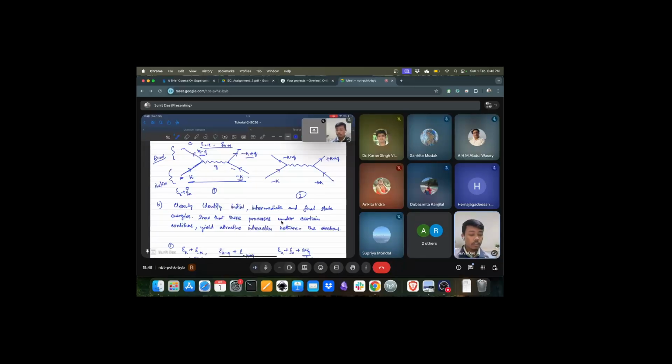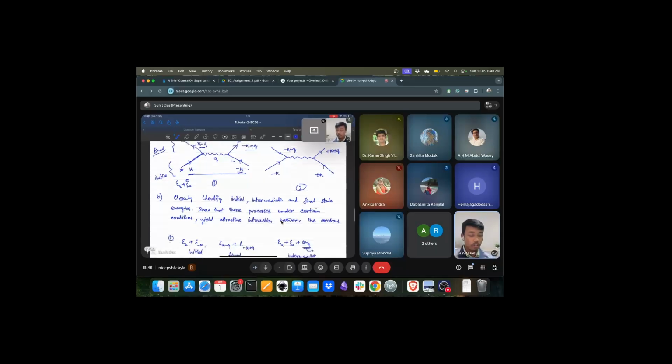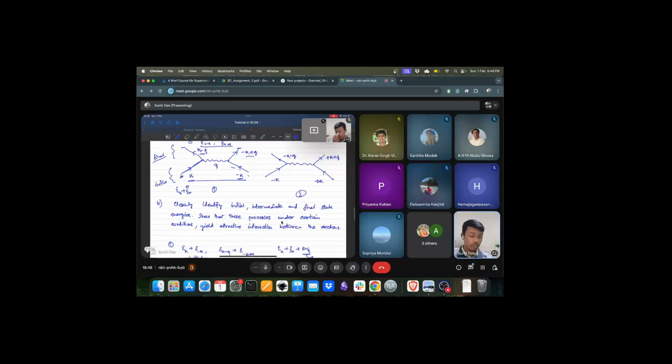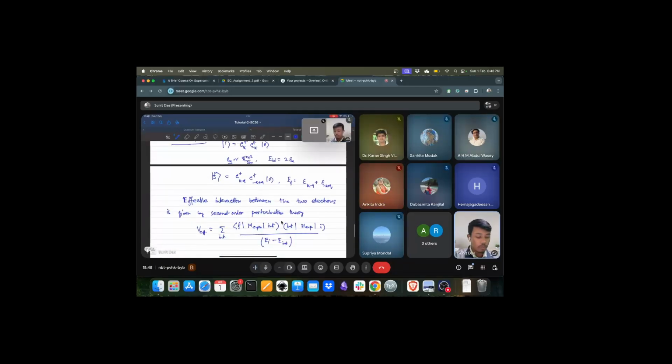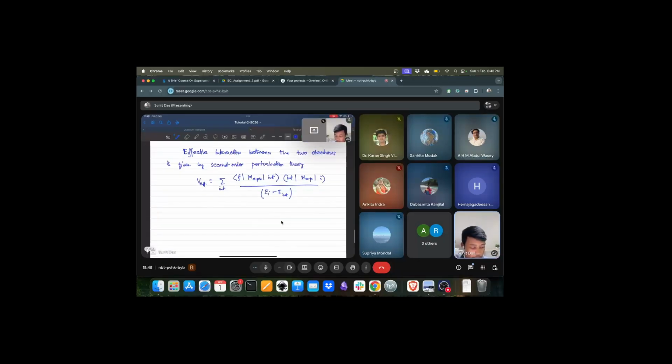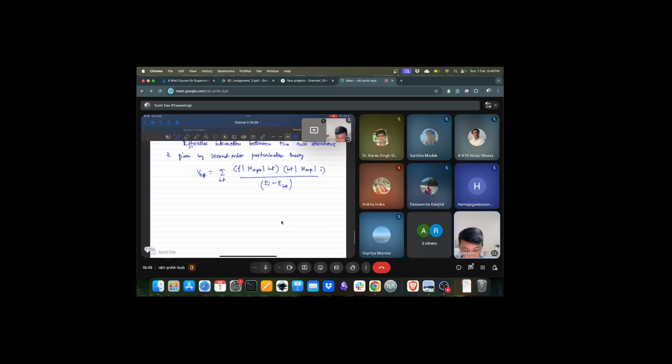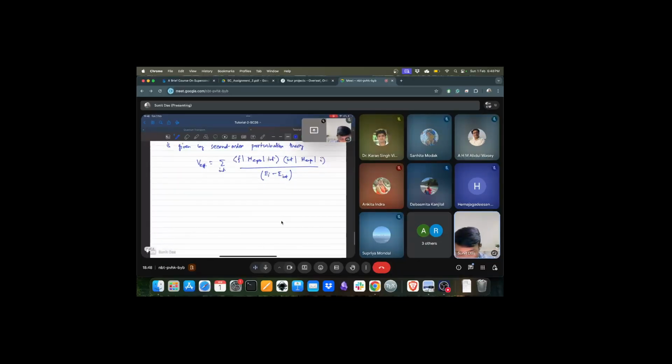Rather, it is happening via the phonon. So that's why we cannot use first order perturbation results for the effective interaction. I'll solve it kind of phenomenologically, since the exact analytical solution is very difficult.